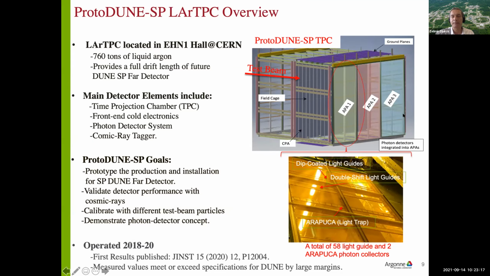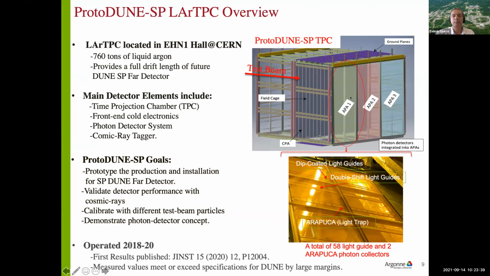You can see here the anode plane. There's a cathode plane. This will be one drift volume. There will be another drift volume with another anode plane there. And then the test beam is indicated by this arrow. It will enter the drift volume, and then ionization will be collected by the TPC wires.